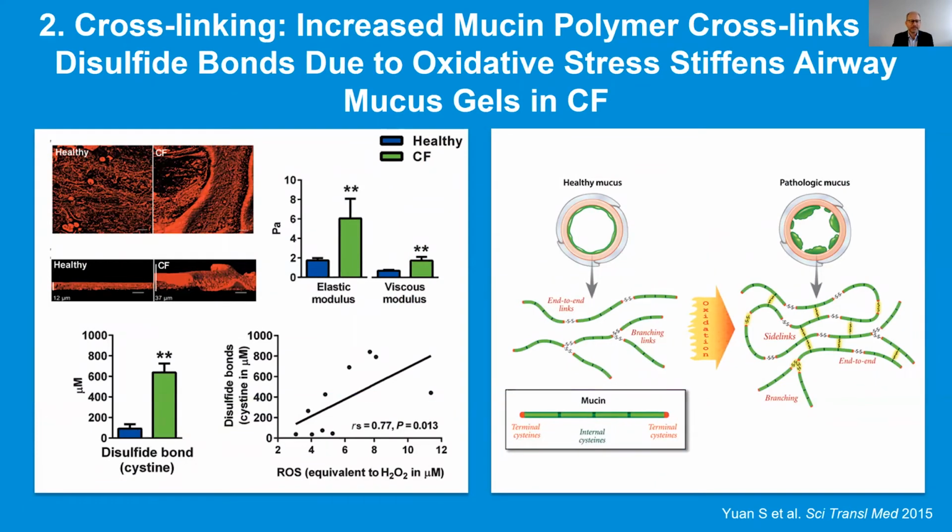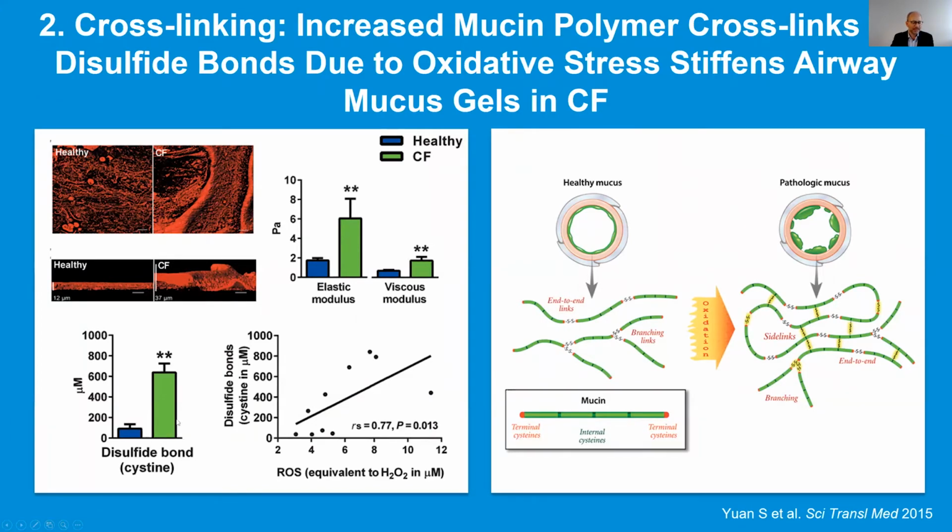Second, cross-linking. The issue is that CF mucus has polymers and abnormally formed structures that are not responsive to hydration. And these stiffened or permanent gels found in this study by John Fahy's group contribute to the increased viscoelasticity.